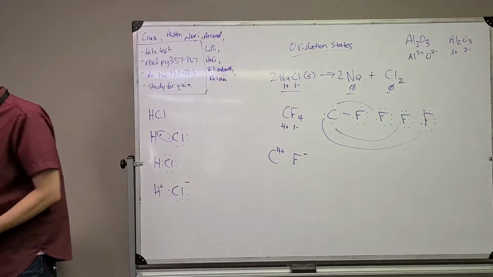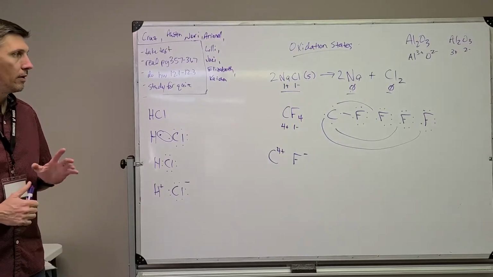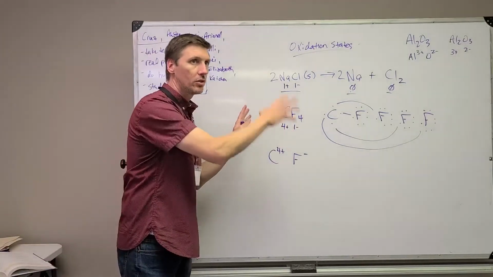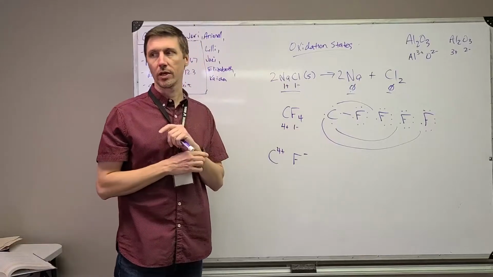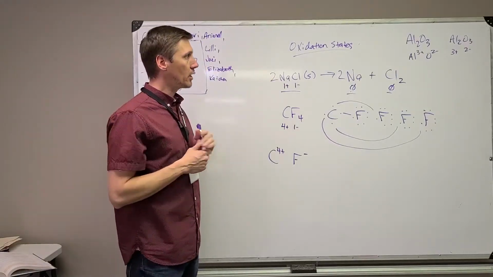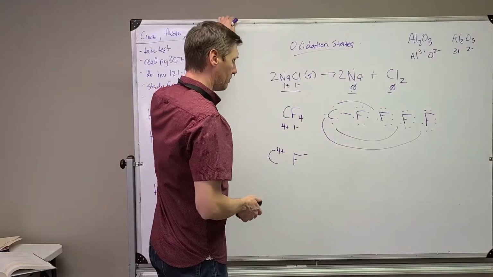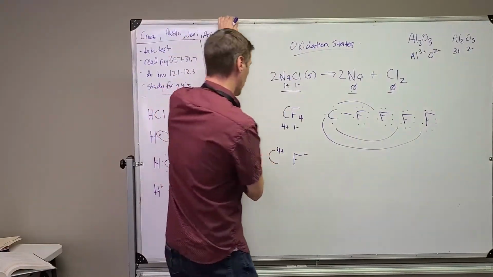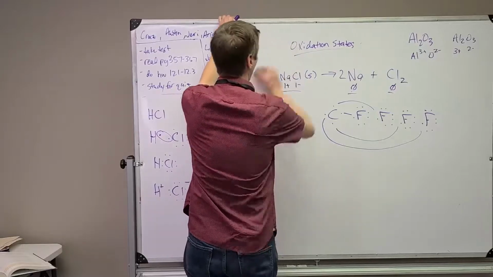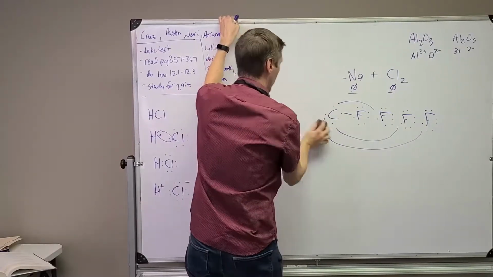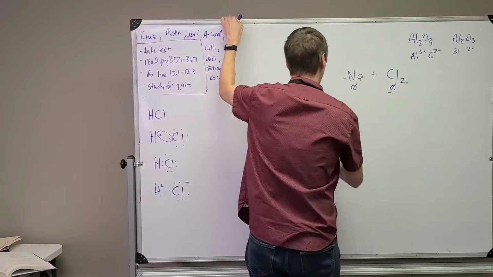I'm going to give you some rules now. That's how to think about it when you look at the electron dot structures, or the Lewis structures, but I'm going to give you 7 kind of simple rules. I just wanted to show you how it works and why those charges make sense.